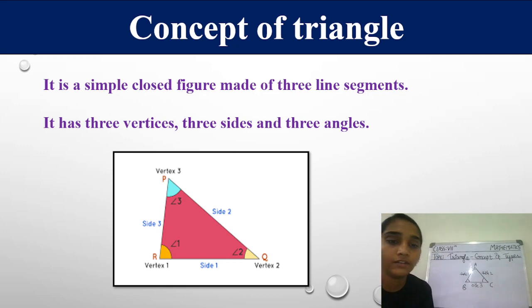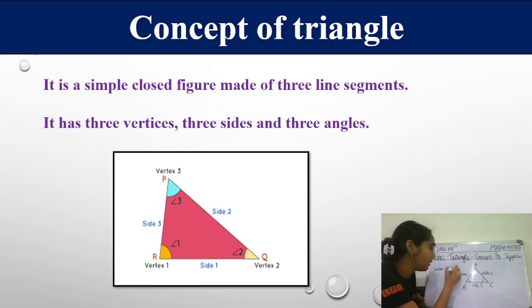Okay, so are we clear with what a triangle is? Yes, a simple closed figure having three vertices, three sides and three angles inside it. So students, what are the vertices over here? Yes, A, B, C. And what are the three lines? Yes, you can name them AB, then BC, and then CA.